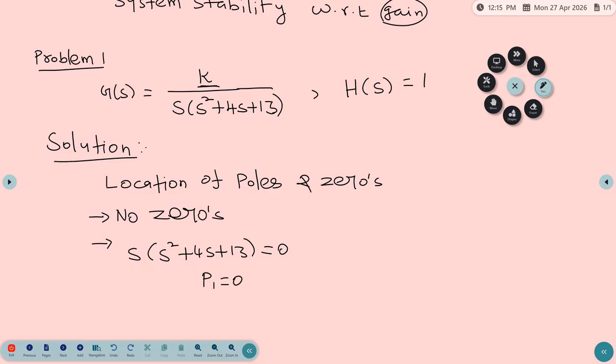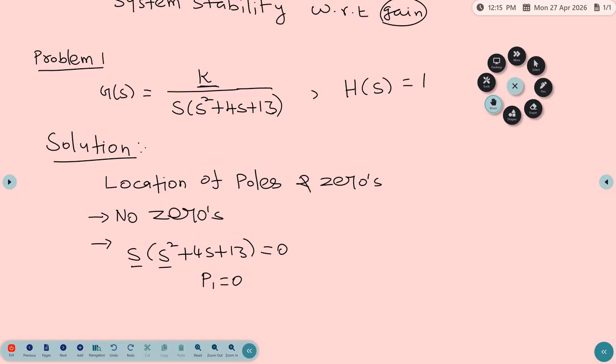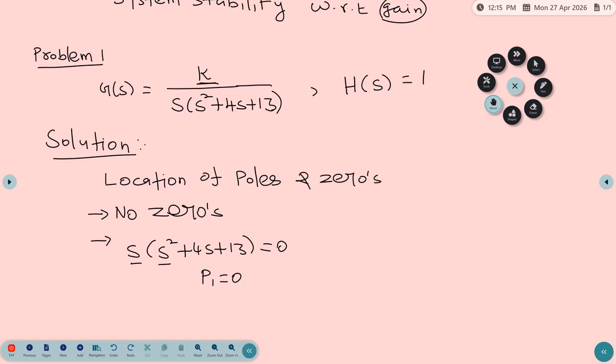Three poles are possible since we have s into s square, which, if we multiply, gives s power 3. So this expression has three roots, and three roots means three poles. The first pole is s equal to 0, so p1 equal to 0. We need to identify roots number 2 and 3.